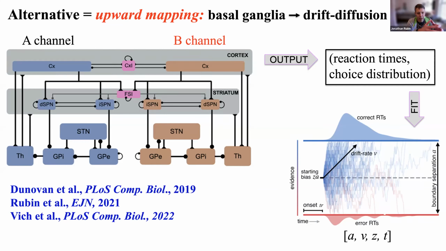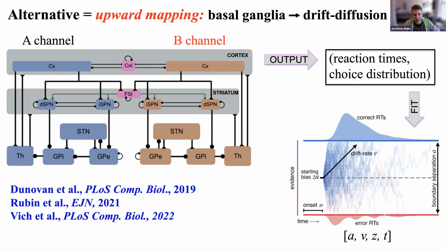So we might have a channel to move a specific limb or to do some specific movement, or there's lateralization, right? So we might have a channel to favor left, a channel to favor right. Whatever. In this framework, let's just think of a competition between two choices, and each one has its channel in the basal ganglia.